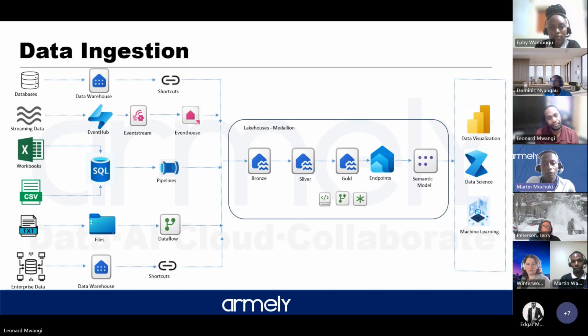And then we automated and secured the workflows. We did this through real-time automation and scheduling. We could use event-driven triggers and scheduled pipelines. All these are in the Azure Data Factory.